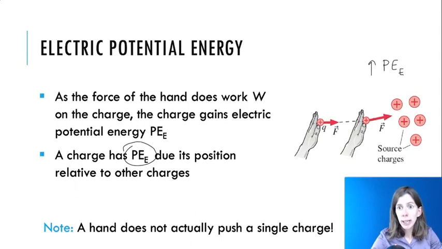If you are bringing negative charges closer to each other, you are also increasing their potential energy. However, if you have a positive charge and a negative charge, and you bring them closer together, then in that case, their potential energy decreases, because that's the direction that they naturally want to go. They naturally attract each other.